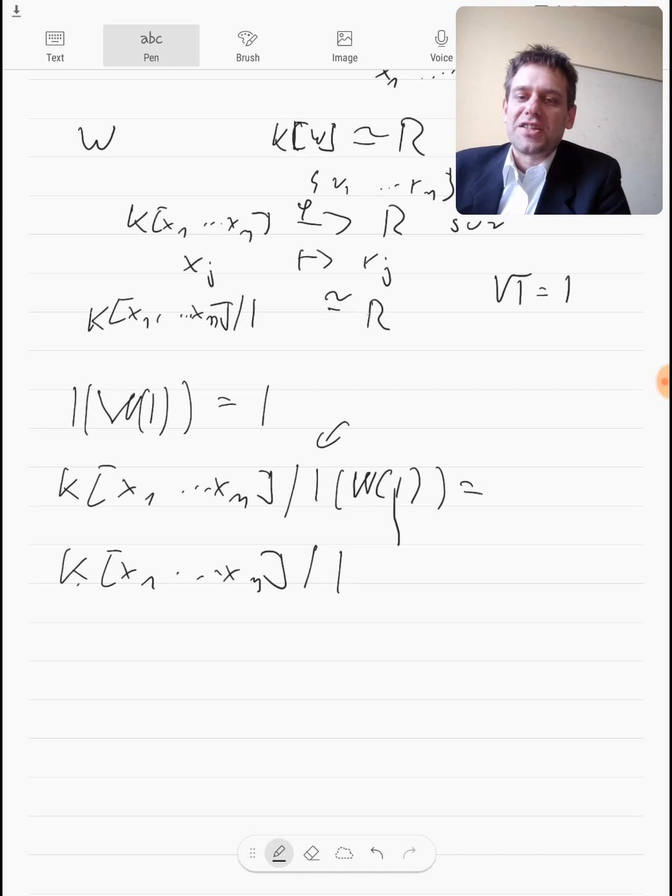And this establishes the connection in both directions. So we went from affine varieties to the side of commutative algebra, and now we saw that we can also go the other way. So for every finitely generated reduced k-algebra, we can indeed find a variety W such that its coordinate ring is isomorphic to R.